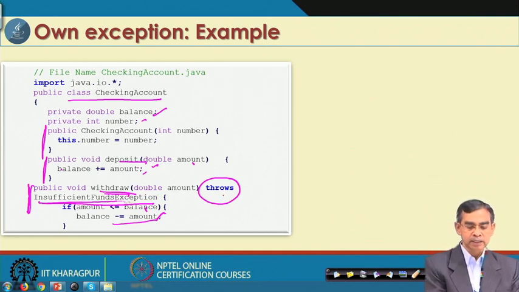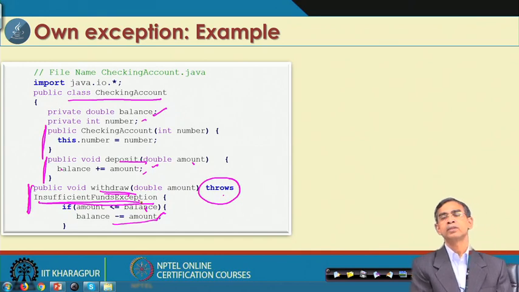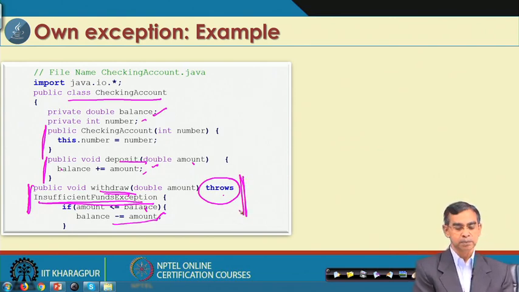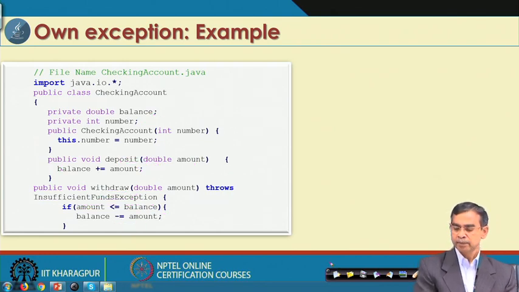So, suppose one user wants to withdraw some amount which is not permissible as per the balance. In that case, it will throw this InsufficientFundException. So, this is the idea.